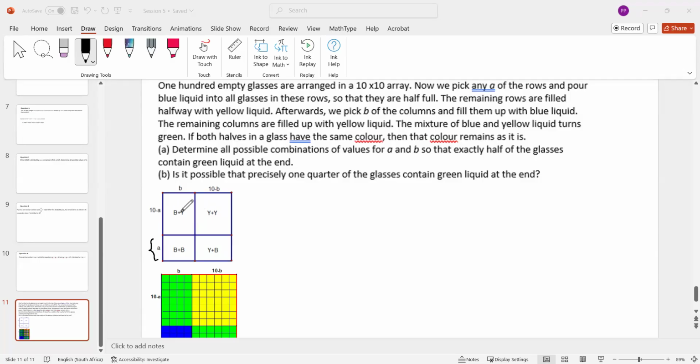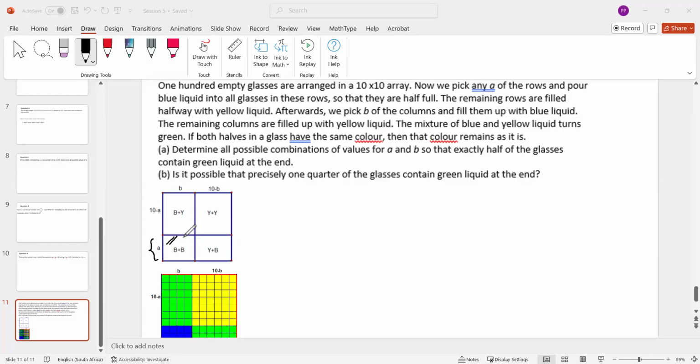This requires a little bit of juggling to understand. Anyway, these rows here, you got blue liquid put into them.